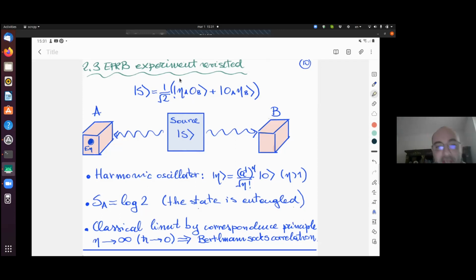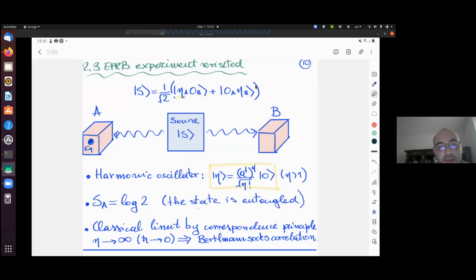We have the harmonic oscillator state eta, which is just an eigenstate of the harmonic oscillator with eigenvalue h bar omega times eta plus 1/2.